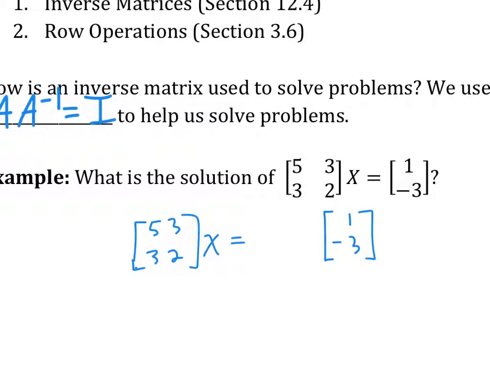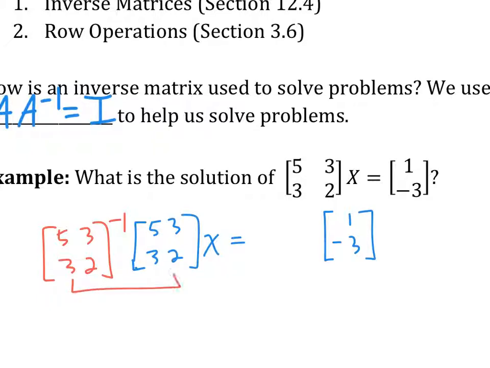So to get rid of that matrix that's next to X so that I can find X, I need to use the fact that matrix times inverse matrix is going to give me I matrix. So what I'm going to do is multiply by the inverse matrix.